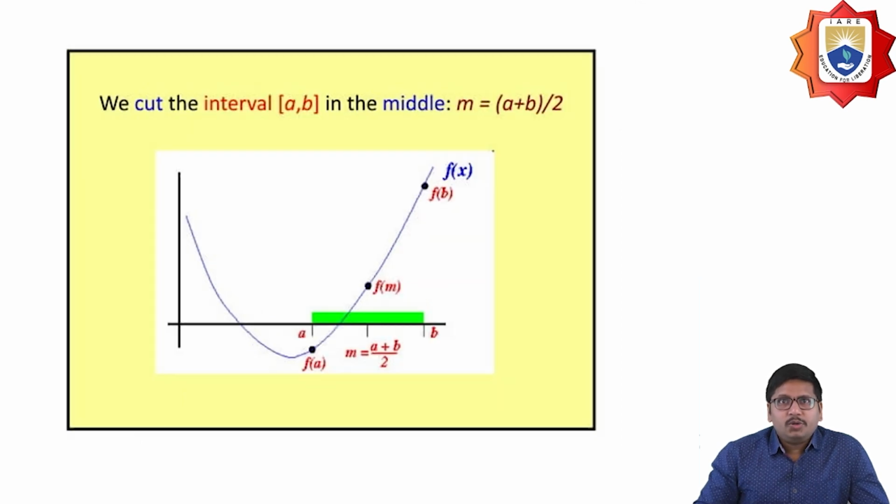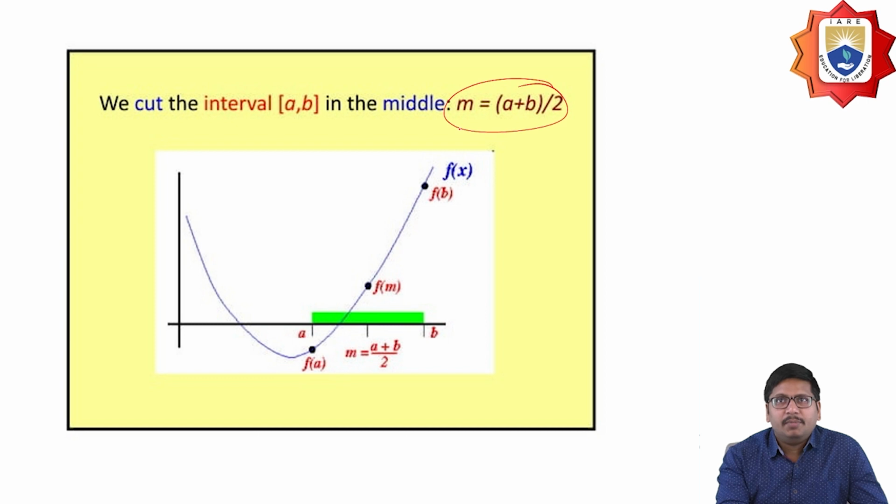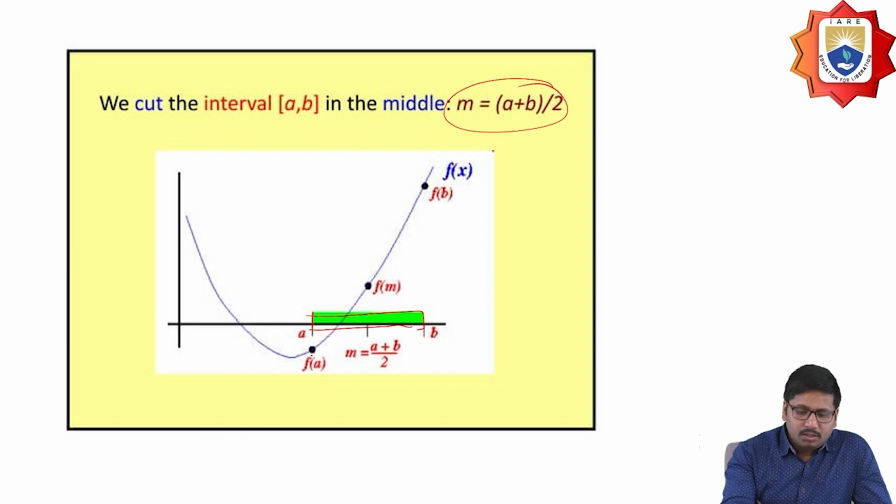When we cut this interval into two, the midpoint is obtained as a plus b by 2. From the previous graph, this is f of a and this is f of b.